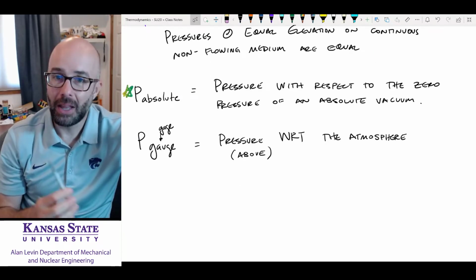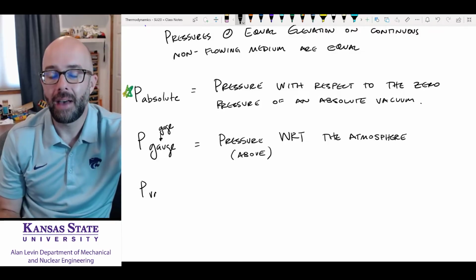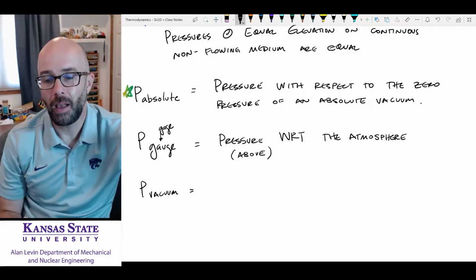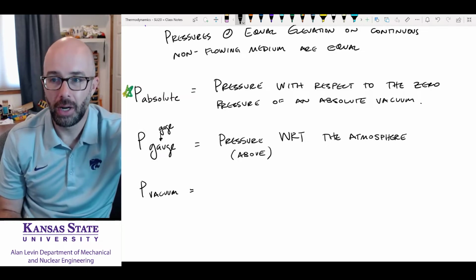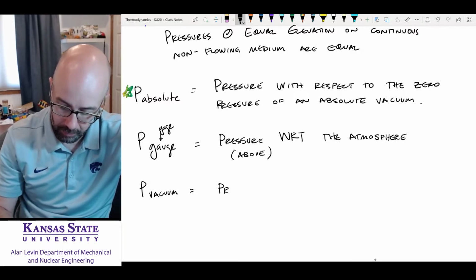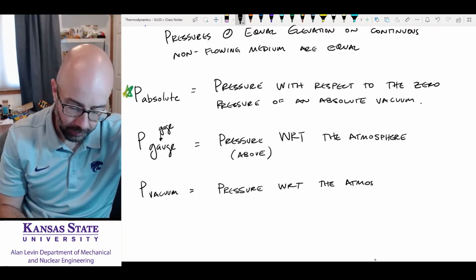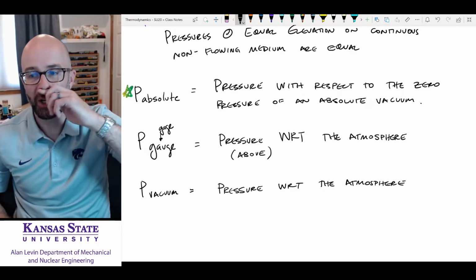Now, there's another type of pressure called a vacuum pressure. A vacuum pressure is the pressure with respect to the atmosphere, but this is going to be below. Sometimes this is called a suction pressure.